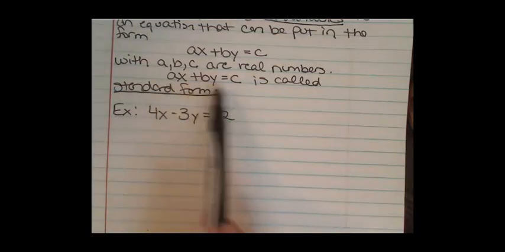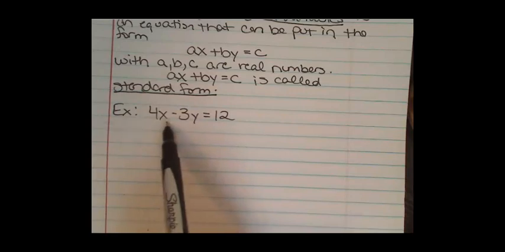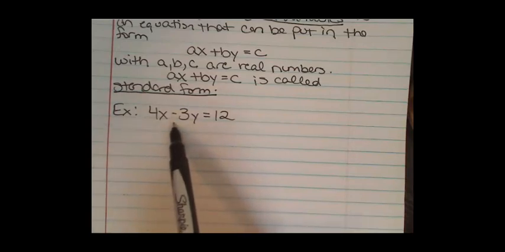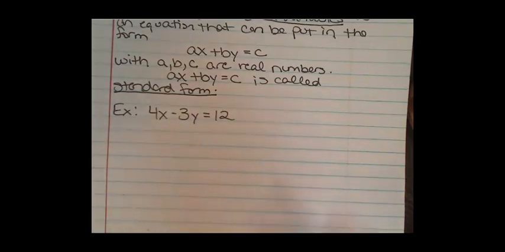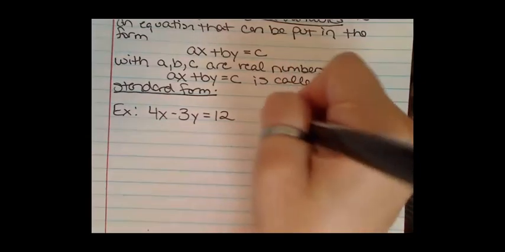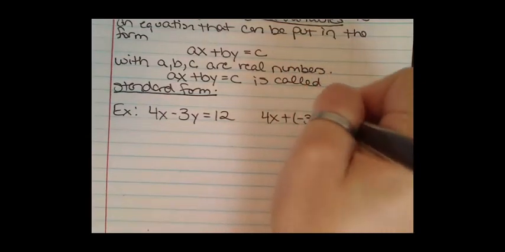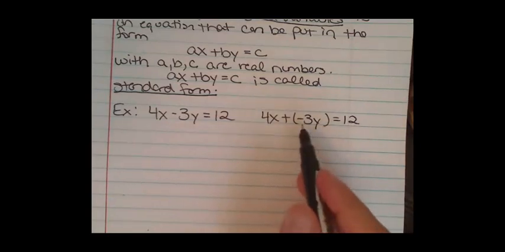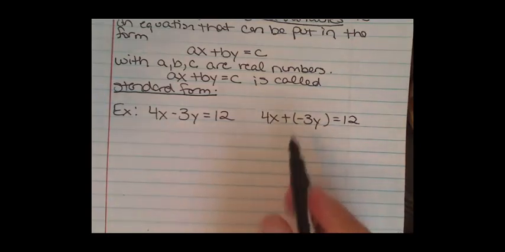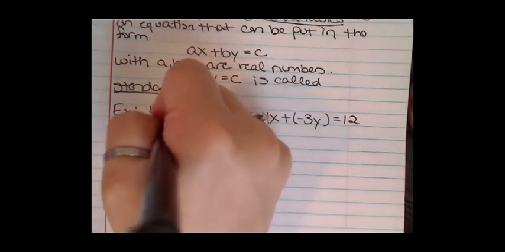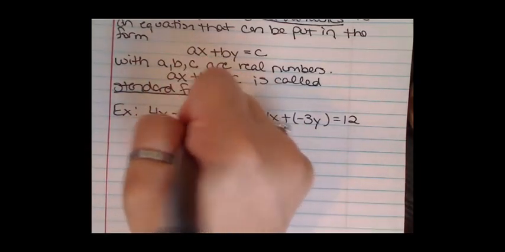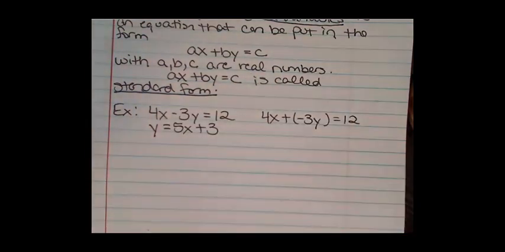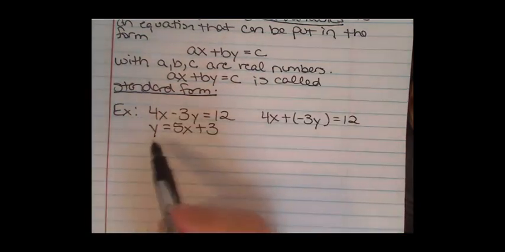We have ax, and then that's a minus, but we could write that as this, where it's plus and then a negative. So this is still the correct form. This is also a linear equation with two variables. Even though it's y equals, we could move this over and it would look the same way.